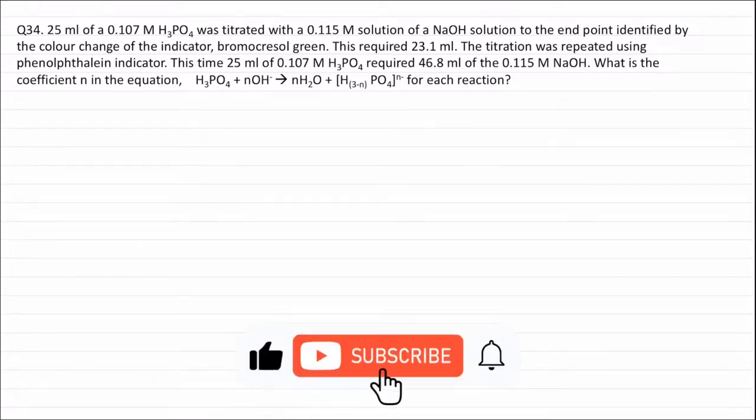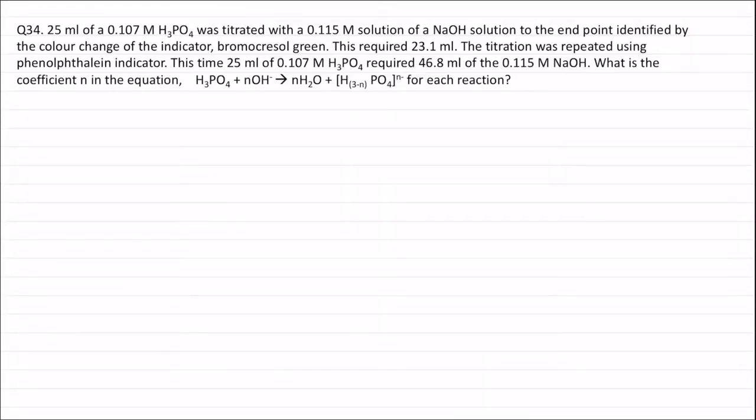Question 34. 25 milliliters of 0.107 M H3PO4 was titrated with a 0.115 M solution of NaOH to the endpoint identified by the color change of the indicator bromocresol green. This required 23.1 milliliters. The titration was repeated using phenolphthalein indicator.